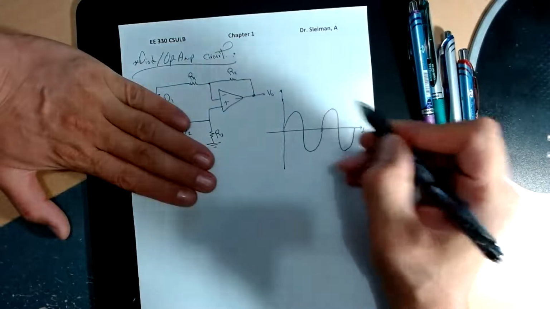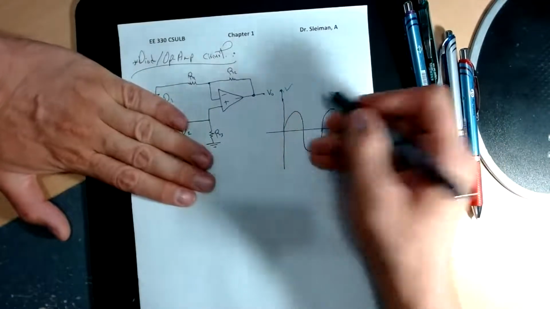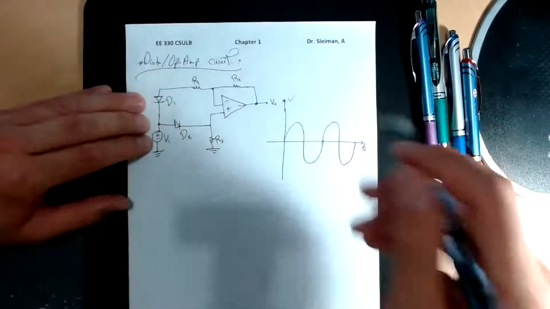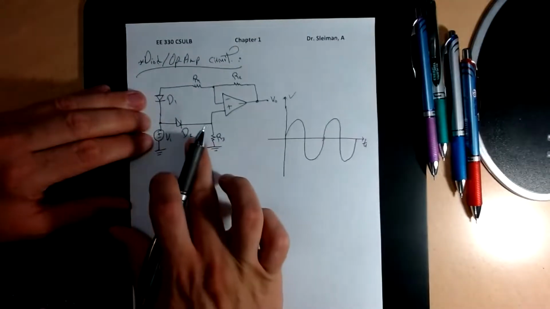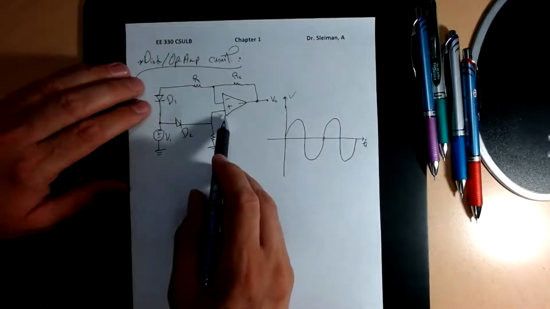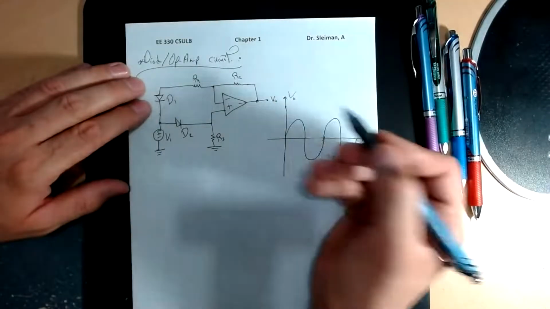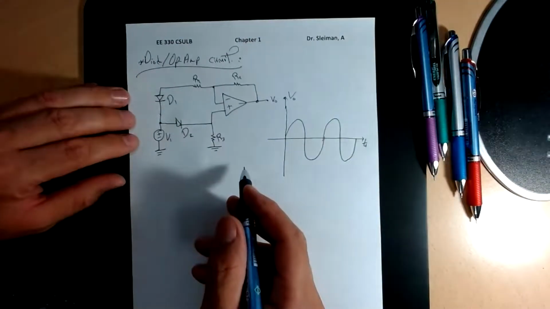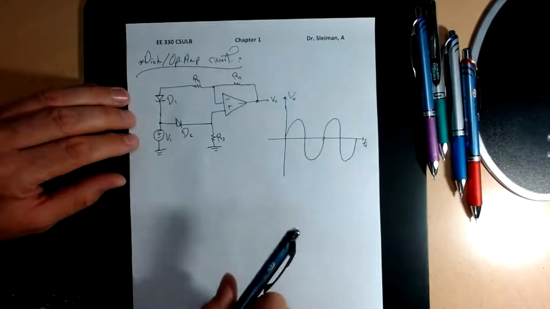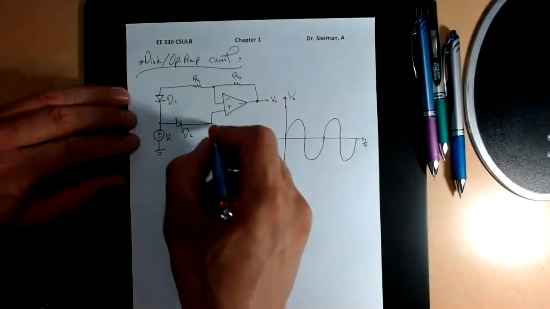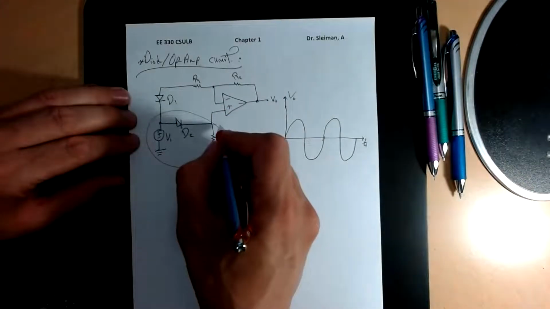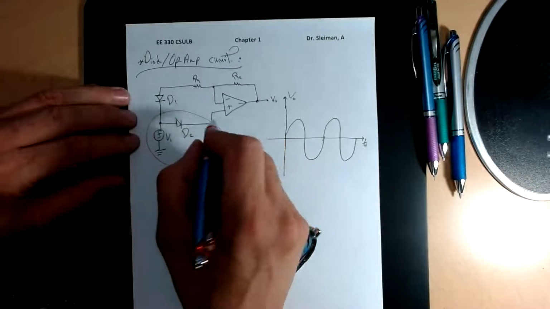So when we introduce the diode to the op-amp circuit, the output voltage here will be rectified. Why? This circuit here is called a half-wave rectifier.